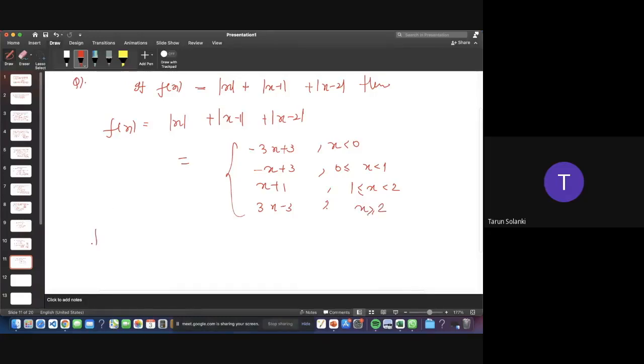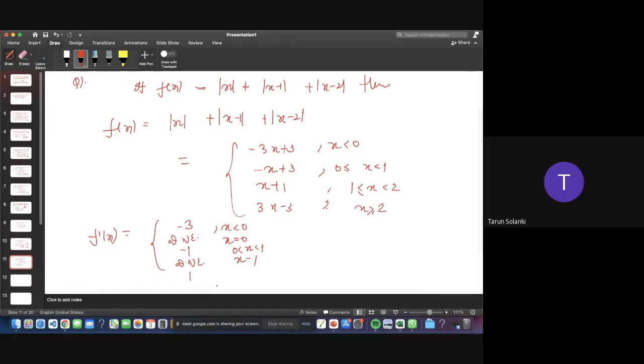So if we talk about f dash x, it will be minus 3 where x is less than 0, so it means it does not exist at x equals 0. Then minus 1 for 0 less than x less than 1, which does not exist at x equals 1.